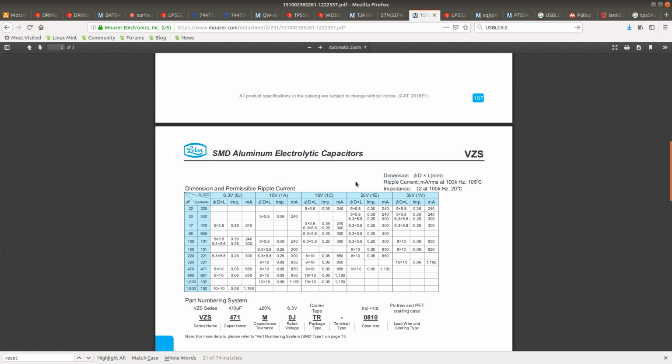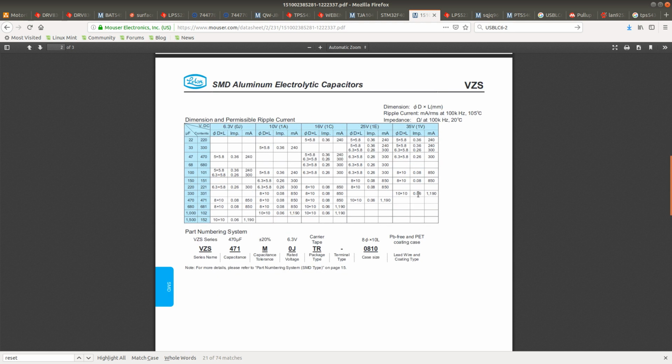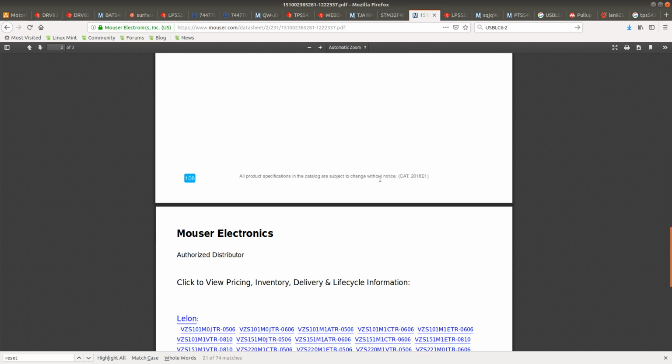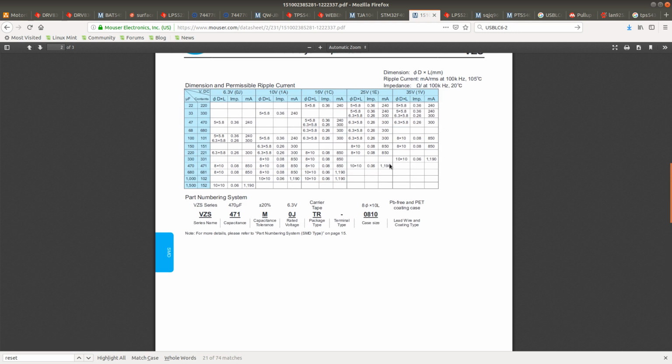So this is the ripple current on the capacitor, which I think may need to be higher than the inductor ripple current. So it's quite possible I'll have to choose a different capacitor. Let's see, we have 25 volts and we have 100, so we have 300 milliamps of ripple current. This is not optimal for this case.